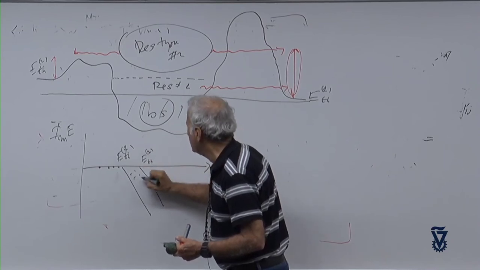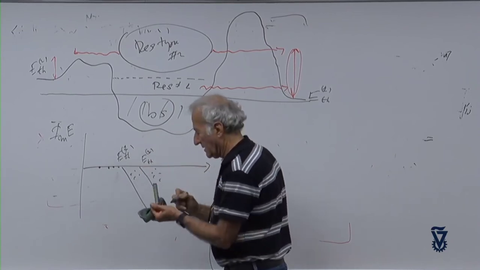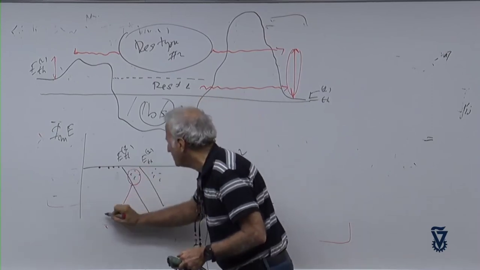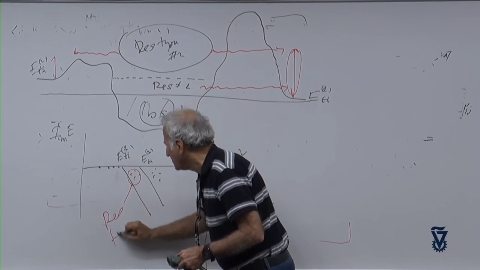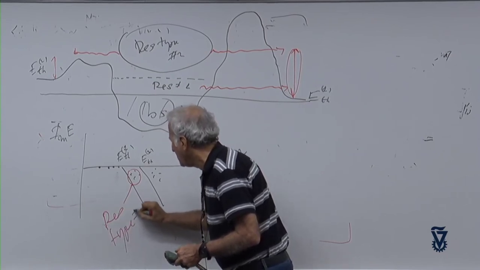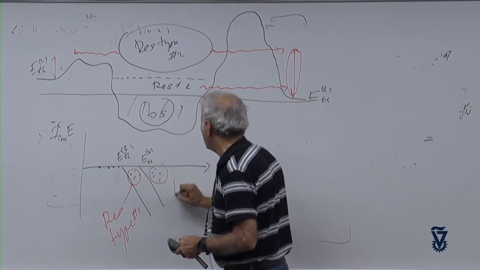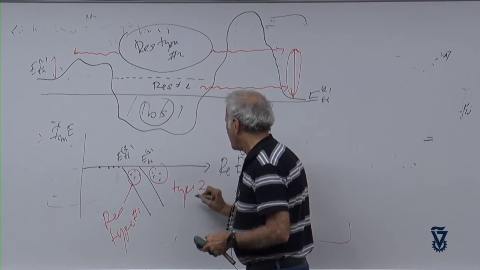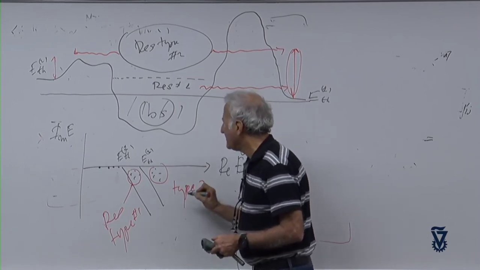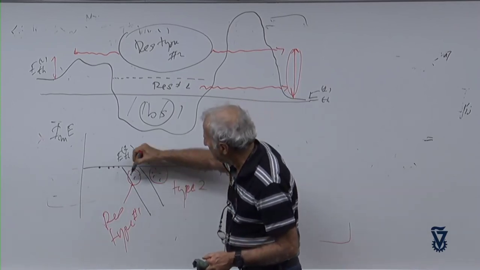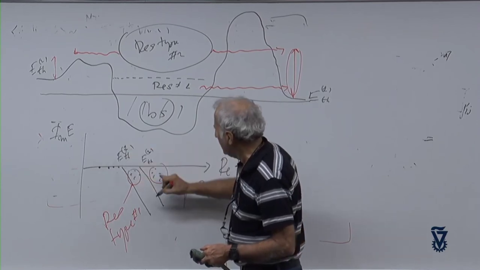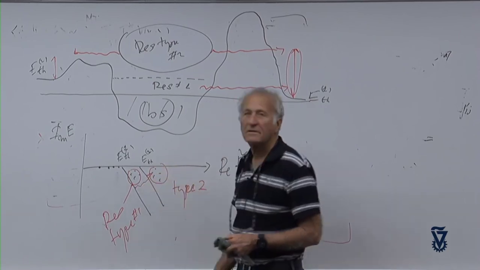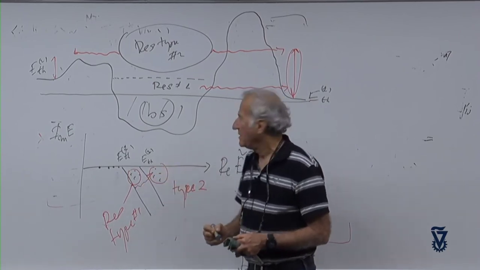You'll get resonances here and resonances here. These resonances are type 1. Resonance type 1. And these are type 2. And the reason is clear, because this decays to this threshold, and this can decay either to this threshold or to this threshold. So it's a 2 threshold phenomenon.